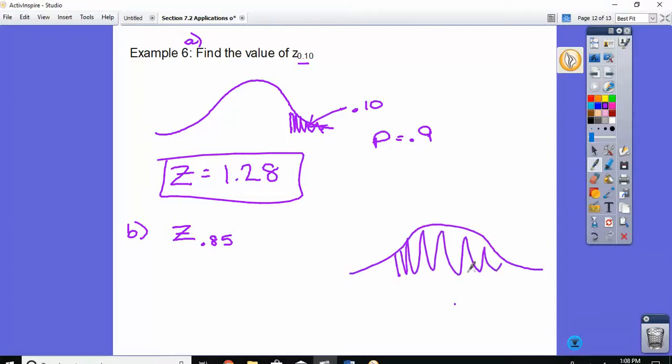So can you tell me right now, is your Z going to be a positive or a negative? Negative, because right here in the center, that's when Z is 0. So this would be a negative. Okay, if 85% falls to the right, what falls to the left? 0.15. So you're looking inside your table when your P is 0.15 and you get? Do we need another one?